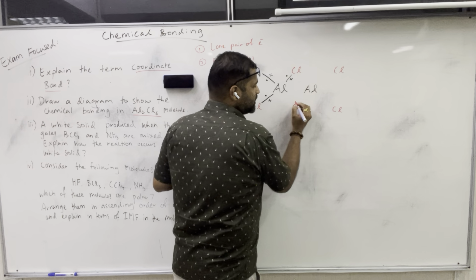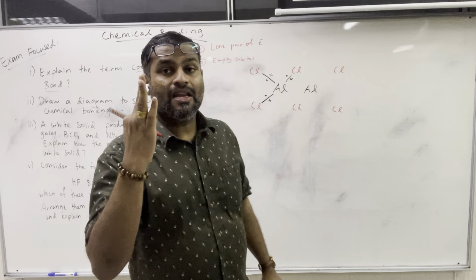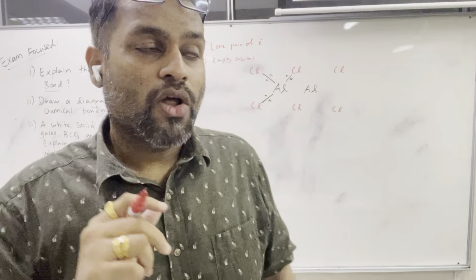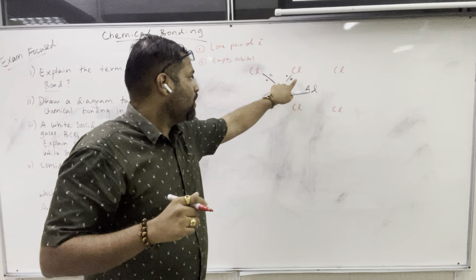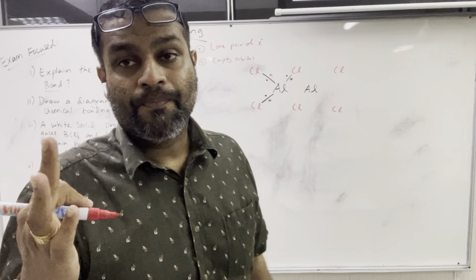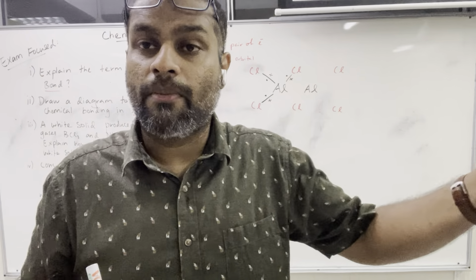You know why? Because it already has a lone pair. Actually, if you look at chlorine, it has 3 lone pairs of electrons, because it has 7 valence electrons, and one electron has already formed a single covalent bond with the other atom. But this chlorine still has 3 lone pairs of electrons, and one of the lone pairs can be used to form a dative bond.